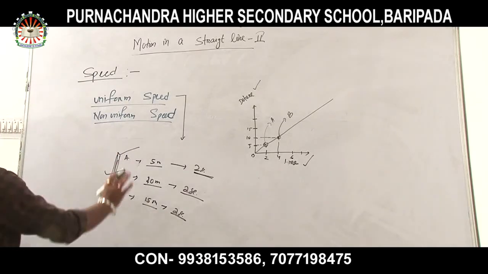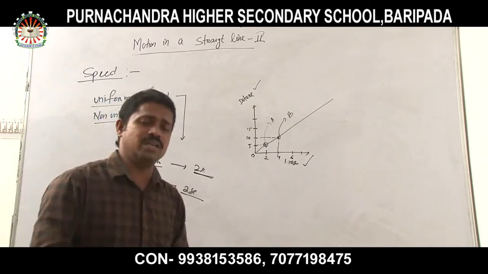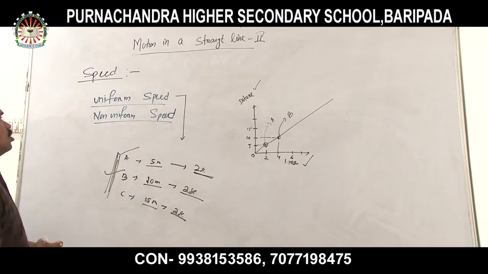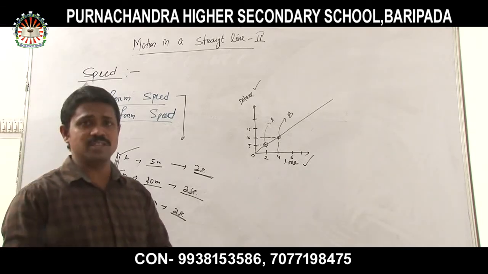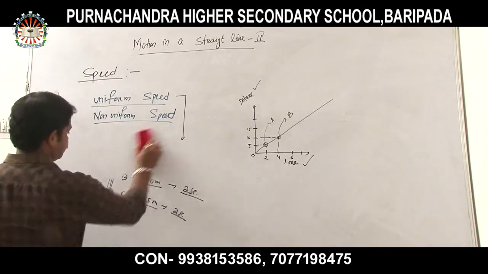Clear? So if the object covers unequal distance in equal intervals of time, then that type of motion is called non-uniform speed. Understood all of you?